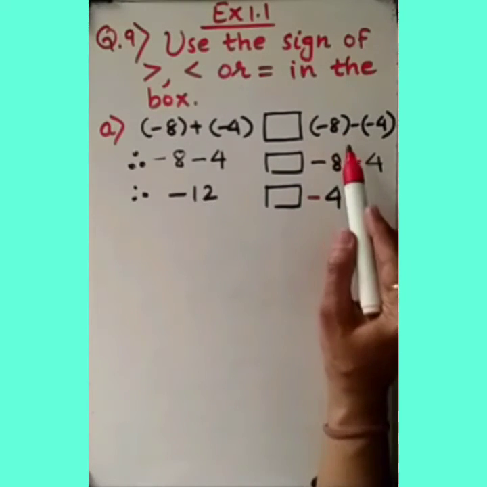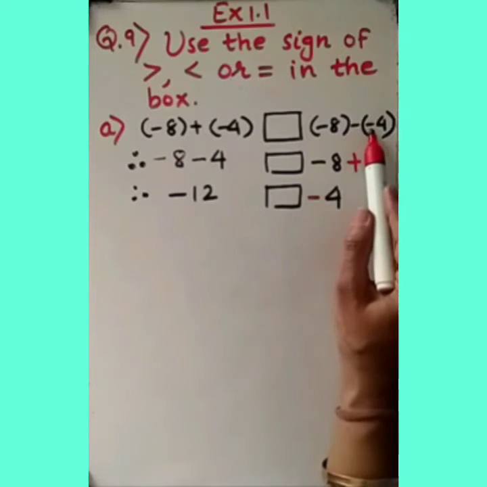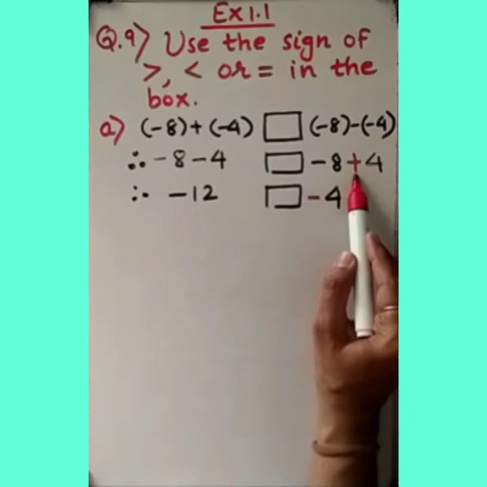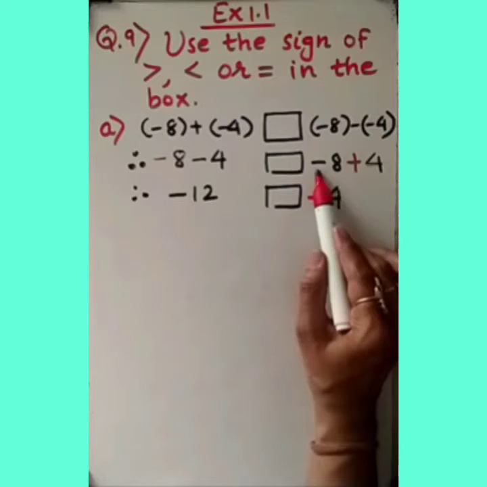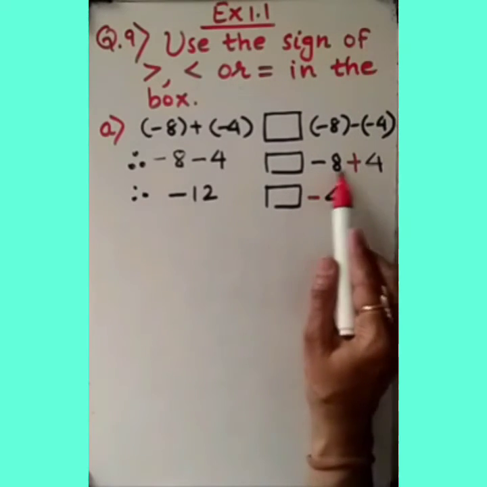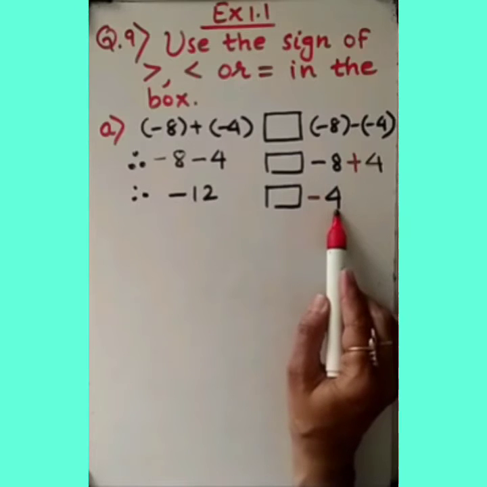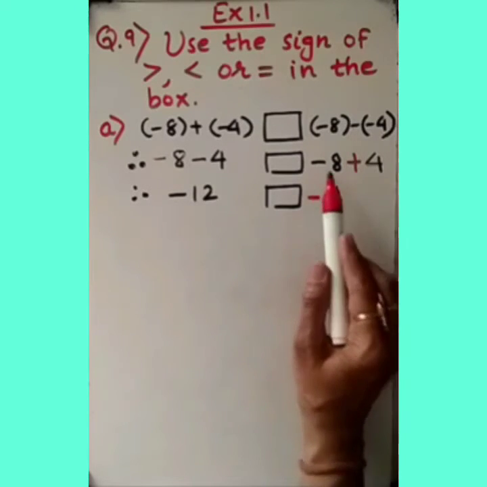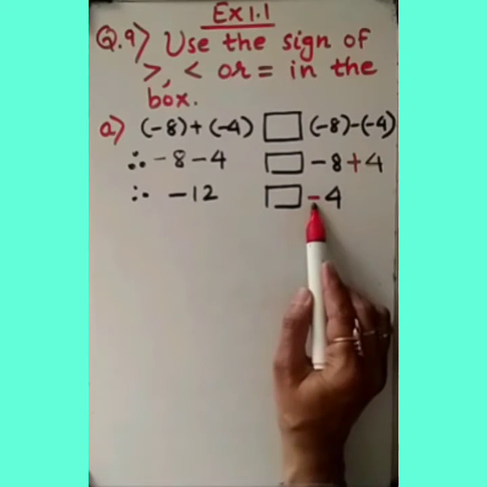Just go with this here, -8 minus minus, so here it is plus 4. -8 plus 4, opposite sign, subtraction. 8 minus 4 gives the result 4, and the sign of the big number is minus, so here it is minus.